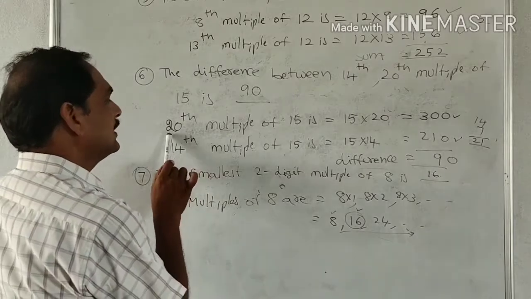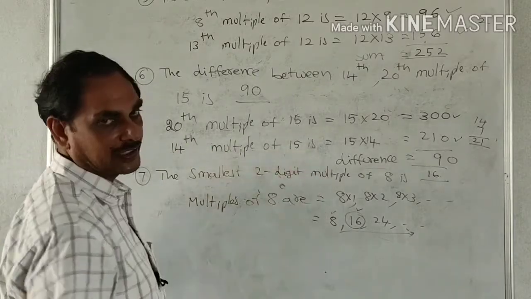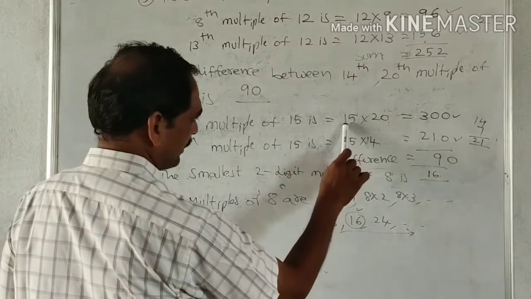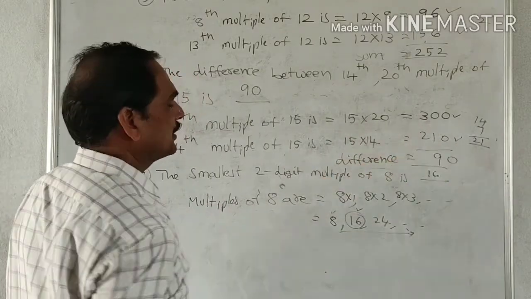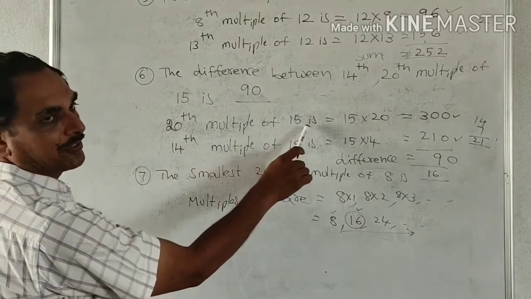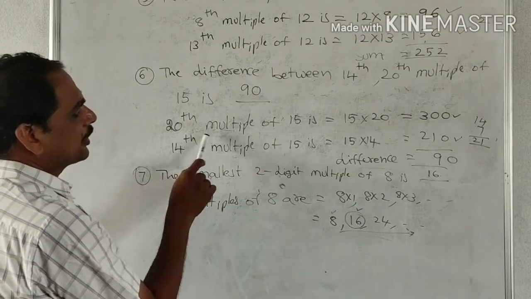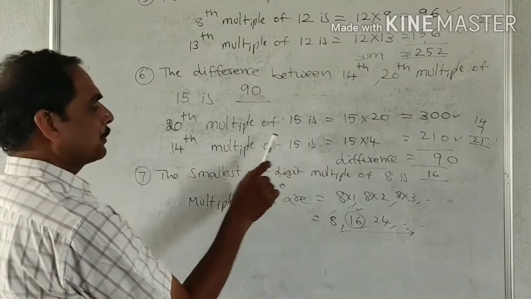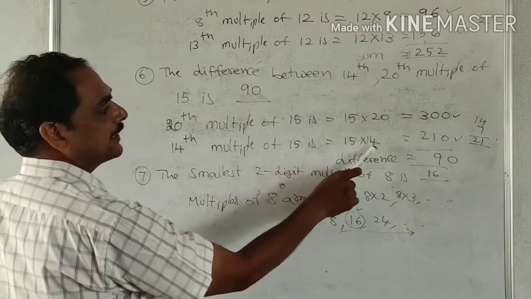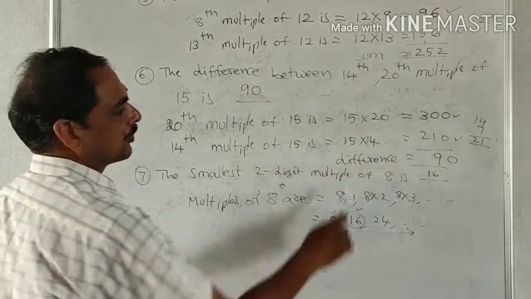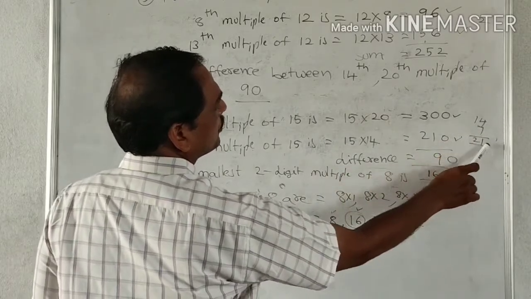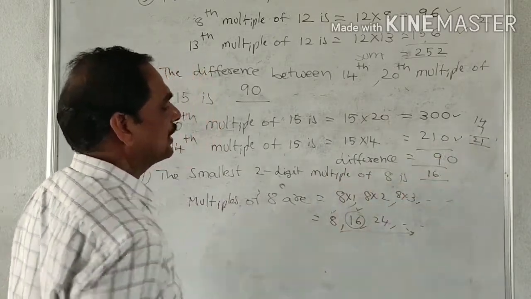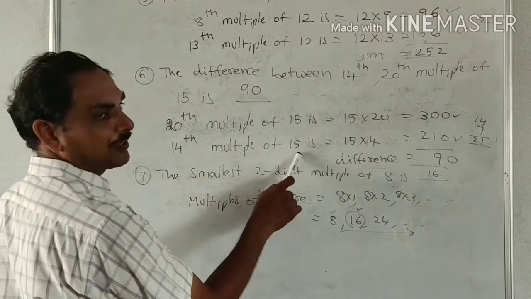So we write the 20th multiple of 15 is, we multiply 15 by 20, that is equal to 300. This is the 20th multiple of 15. Second, the 14th multiple of 15 is, we multiply 15 by 14, we get its 14th multiple. 14 5s are 70, 14 1s are 14, 140 plus 70 is 210. So 210 is the 14th multiple of 15.